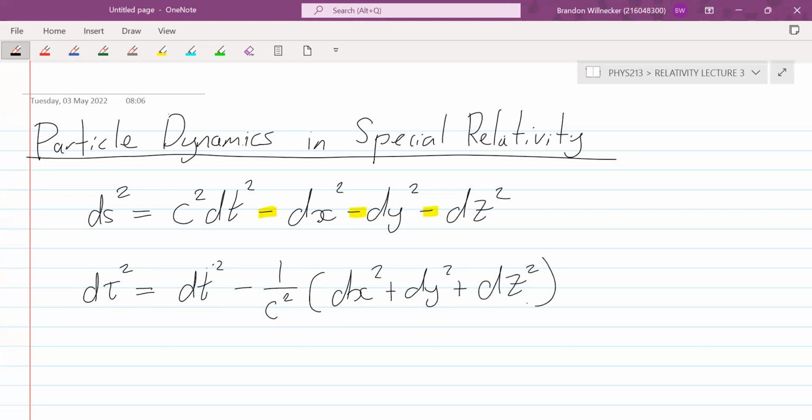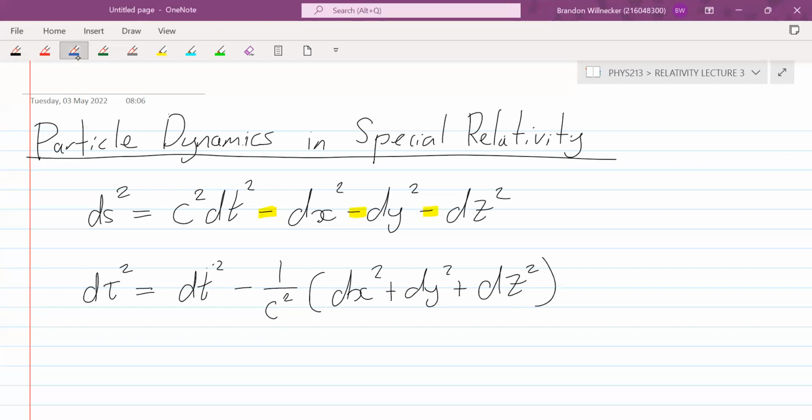We said that was the proper time experienced by an observer moving through space-time, or in this case, the proper time interval, since it's d tau. Now, we used these two interchangeably, and I said if you want to measure the distance of a world line, you would use the space-time distance, and to actually do the calculation, we used this proper time formula. Now, all of that is correct.